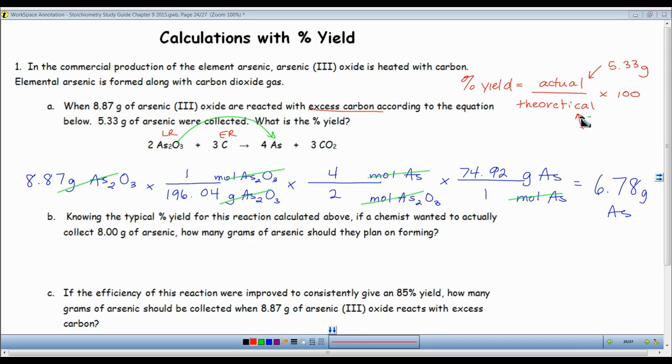Boom, it's this. 6.78. What you just calculated, that's your theoretical yield. Now I plug that in: 5.33 divided by 6.78 times 100, with about 3 sig figs, is 78.6%.